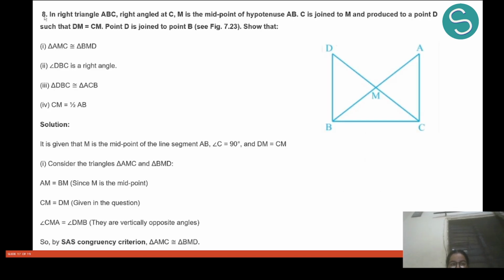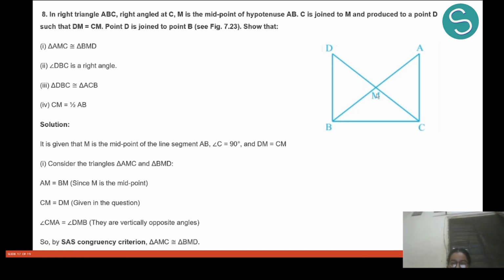Now in this question, in right triangle ABC, which is right angled at C, M is the midpoint of hypotenuse AB, that is BM equals AM, and C is joined to M and produced to a point D such that DM equals CM.